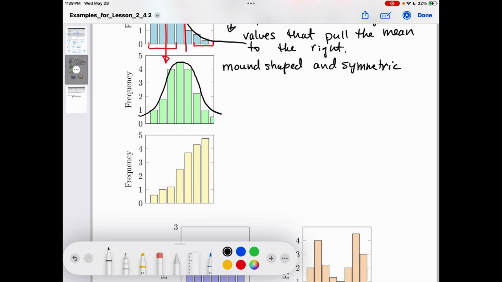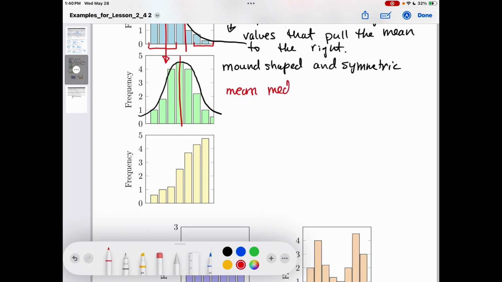Now, this shape is centered and balanced. So the majority of the values are going to fall near the middle of the graph, and you have just a few extreme values on each side that are about even on each side. So you're not getting it pulled out in any direction more extreme than the other. When you have this kind of distribution, the mean, median, and mode are going to be the same or very close.